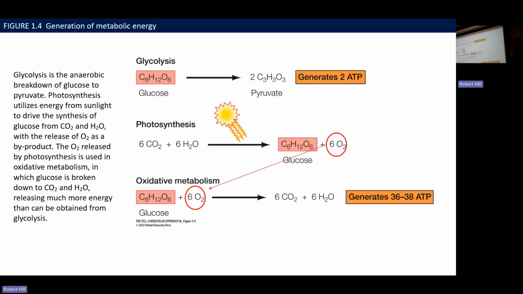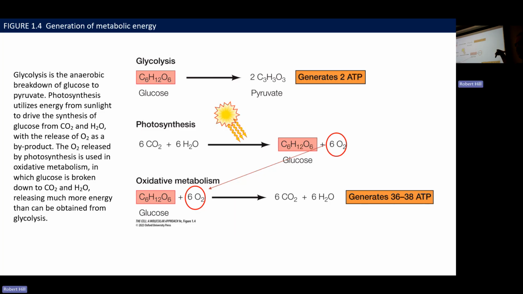All right, so here are these three pathways right here. You can see glycolysis starts with sugar and makes pyruvate, just a little bit of energy. Photosynthesis, you've got CO2 and light energy, and you can make sugar now. You can make a food source, and oxygen as a waste product.